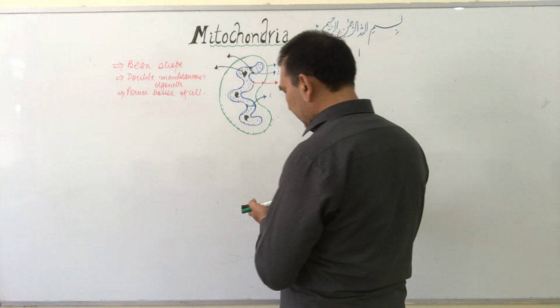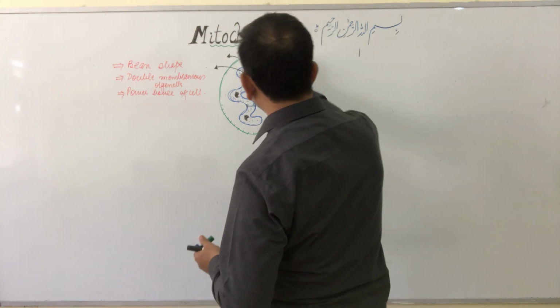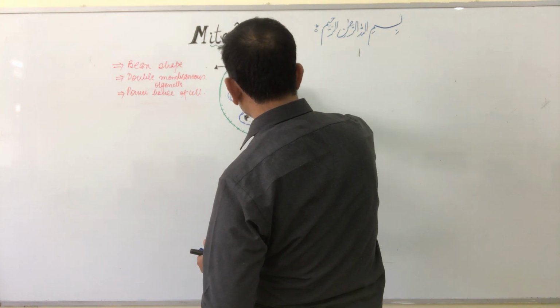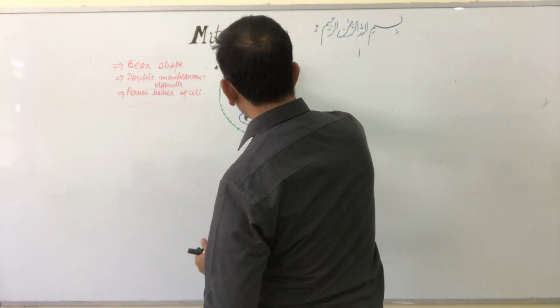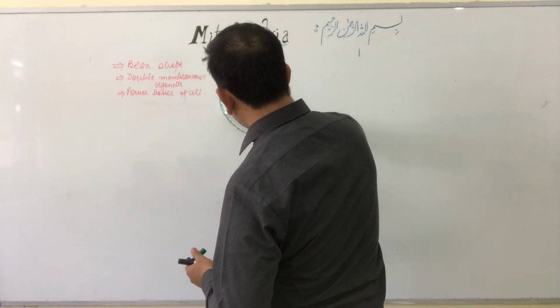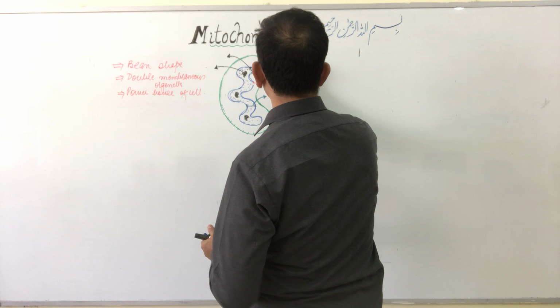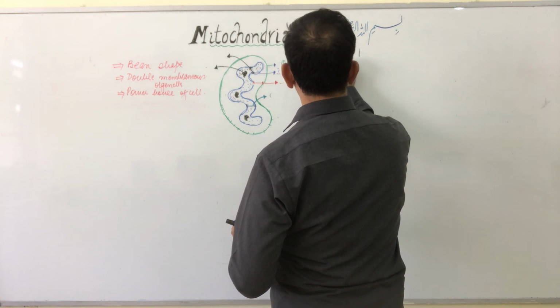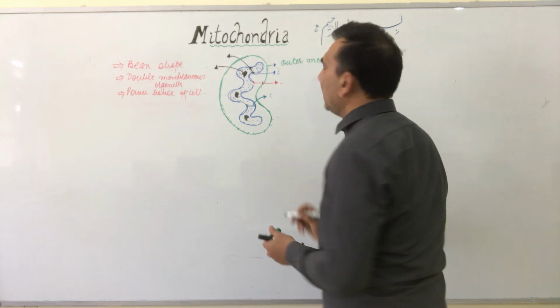Now you look here, a green color surrounding the bean-shaped organelle, and this green color membrane is called the outer membrane of the mitochondria.